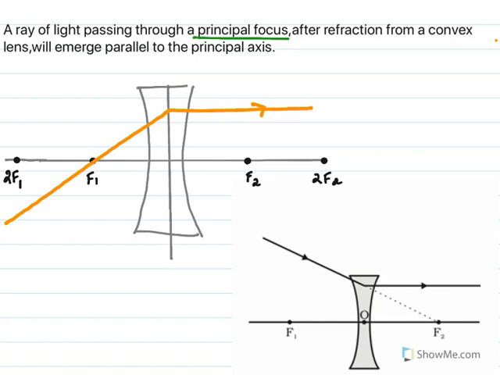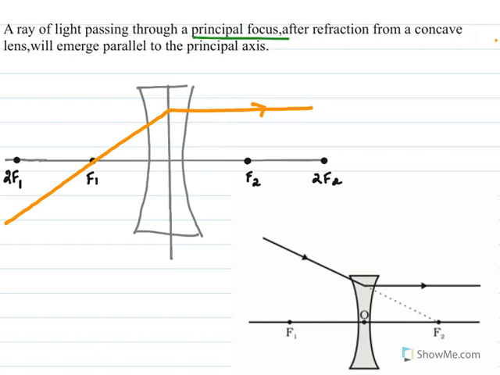So this is what is written here. After refraction, it's a concave lens, it will emerge parallel to the principal axis. Like in this diagram, we can say even a ray that is heading for the focus, it would have gone to the focus. After refraction, it will go parallel.